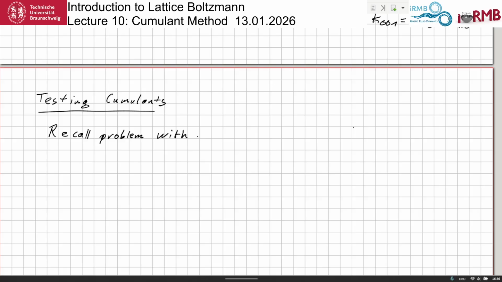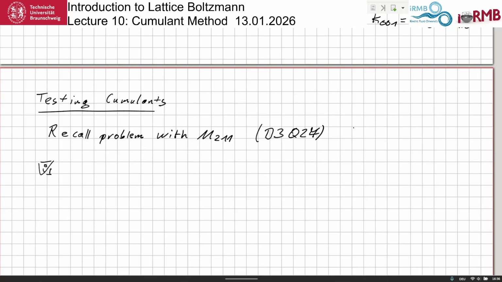This is a real problem that was holding back the Lattice Boltzmann theory for a long time. The moment M211 in the D3Q27 velocity set.